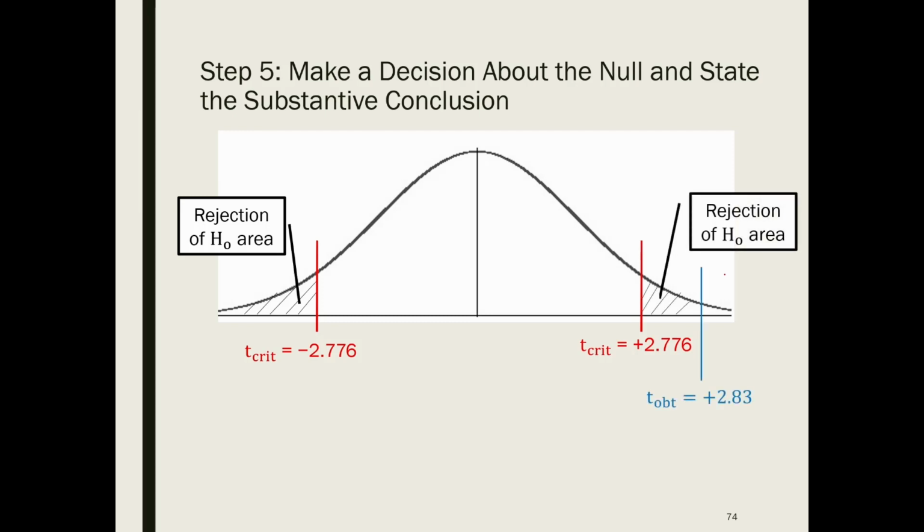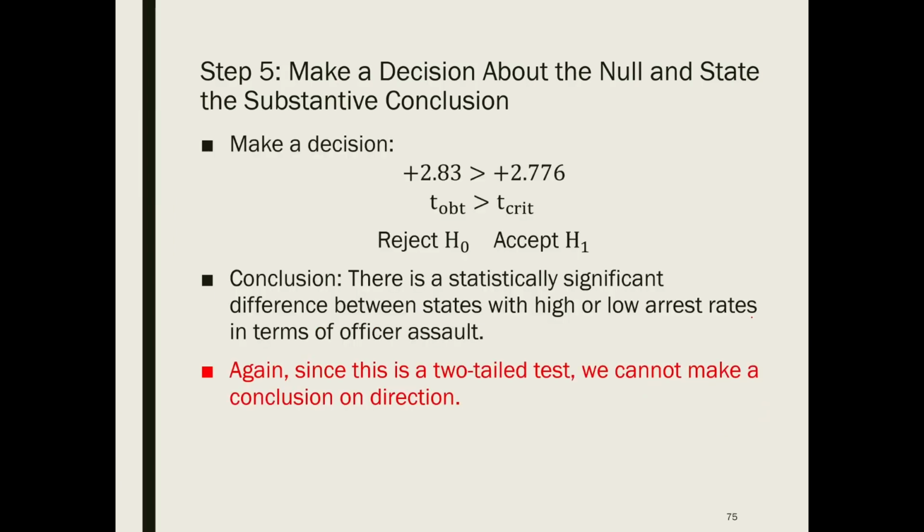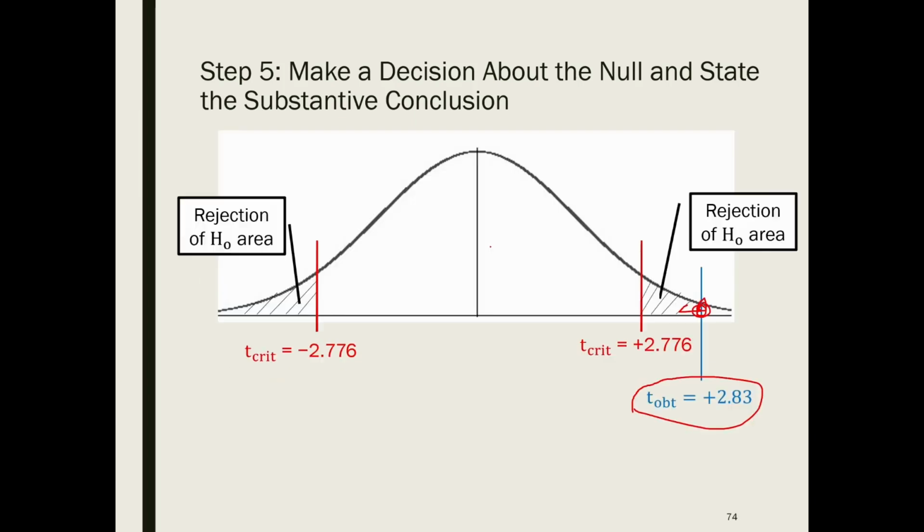We have the t obtained, positive 2.83, which is slightly higher than this t critical, positive 2.76776, which puts the t obtained in the rejection area. Therefore, our conclusion is to reject the null and accept the alternative. Here we are in the rejection area.